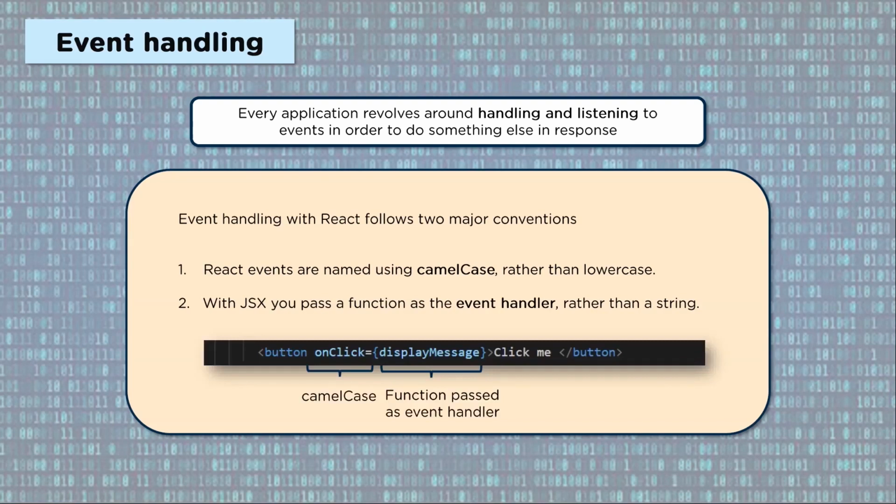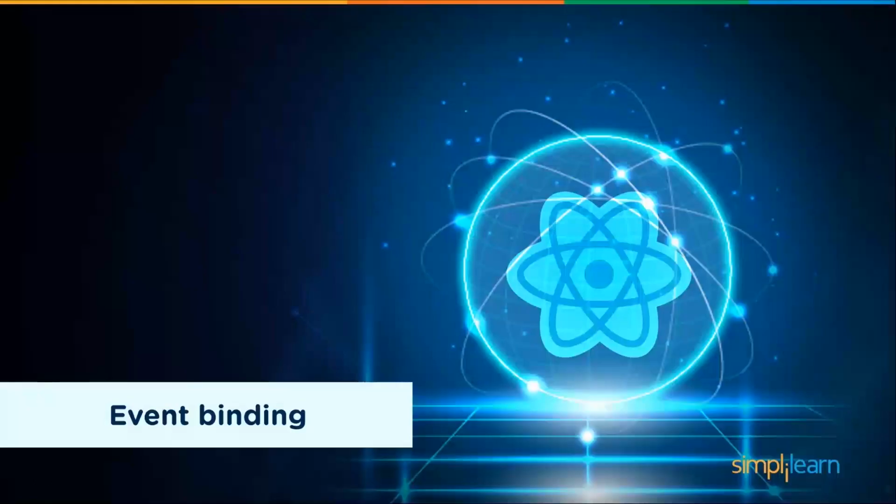So here, if you look at the code, you see an HTML button. On the click of a button, that's the camel casing for the onClick registration, equal to, we've passed a function which is called displayMessage, which will be executed when the button is clicked. And that displayMessage plays the role of an event handler.